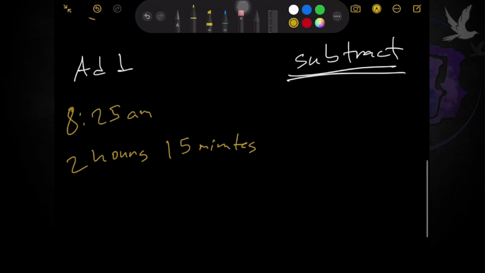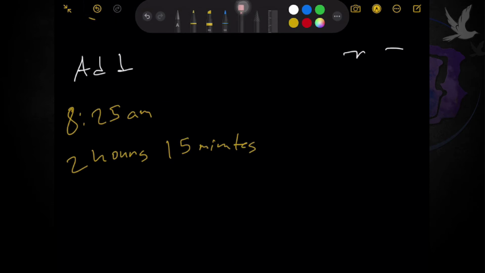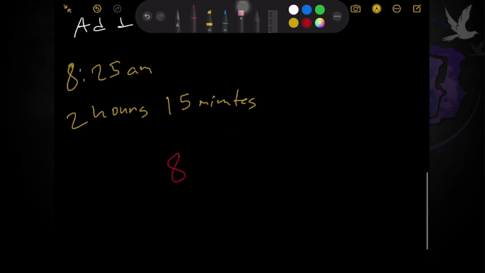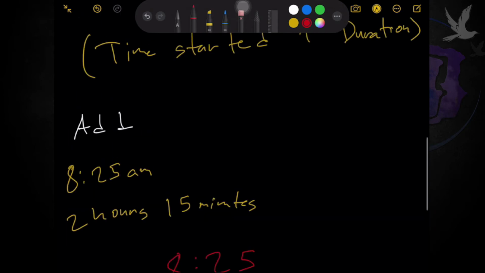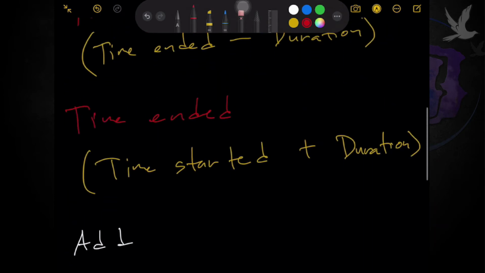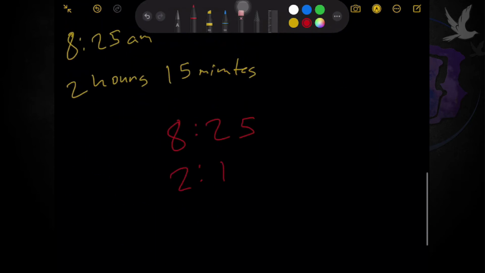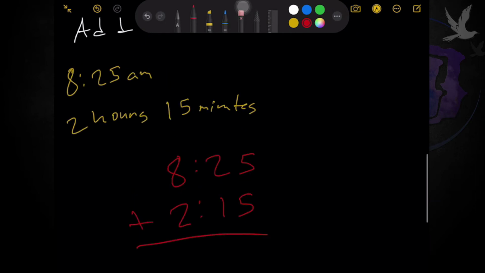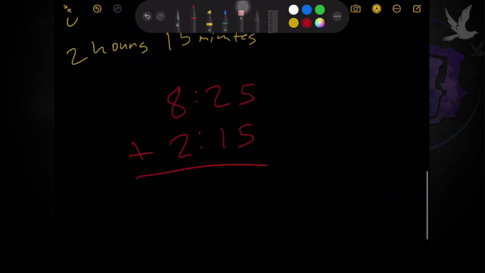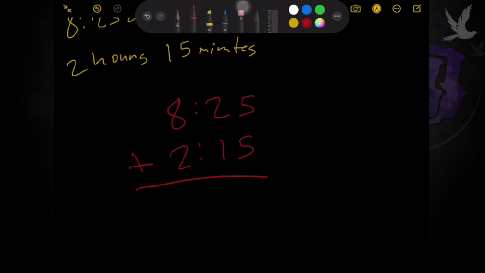So, this is easy. Kasi nga, all you need to do is just to take time started, 8:25, again you are solving for time ended here. You take your time started plus your duration. Yung duration nyo is 2 hours and 15 minutes. So, i-add nyo lang yan since that is what you're supposed to do. Again, you add them by hours and minutes. You don't combine these units, okay?